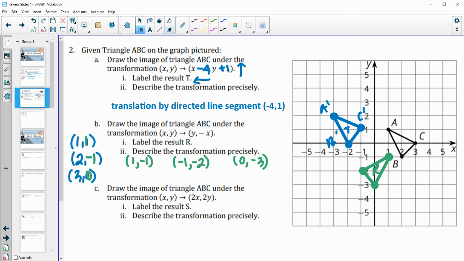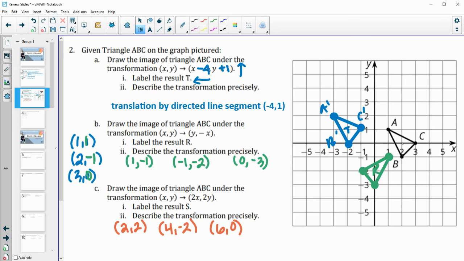Then the last one is doing a dilation. And so this one is having us multiply the x and y each by 2. So I'll just take these original coordinates that I wrote out right here again, and now we'll just double them. So (2, 2), (4, -2), and then (6, 0). So we're just taking and multiplying all of those.